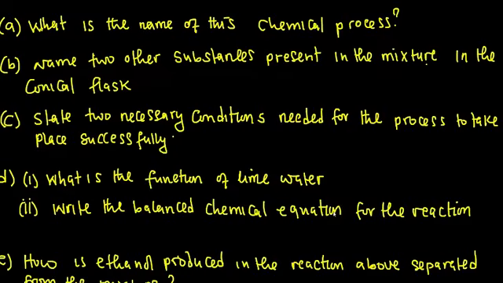Now, what are the questions that we are going to answer? What is the name of the chemical process? The whole chemical process is called fermentation. Then, name the two other substances present in the mixture in the conical flask.